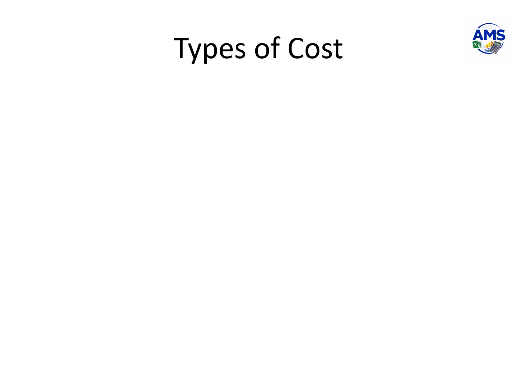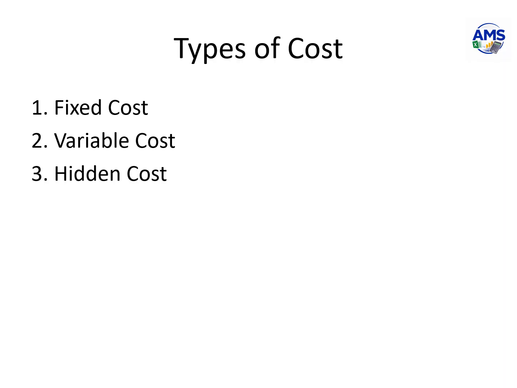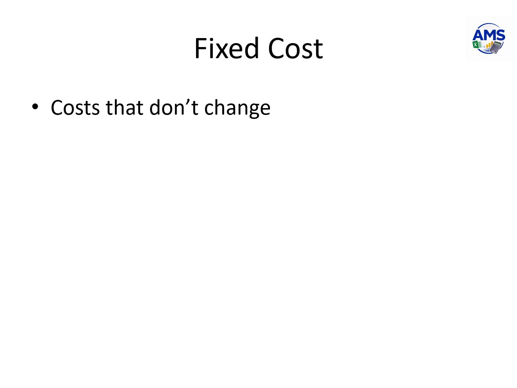Let's look at the types of costs. We have fixed costs, variable costs, hidden costs. So let's look at each of them one by one with examples. The fixed costs. Fixed costs stay the same.